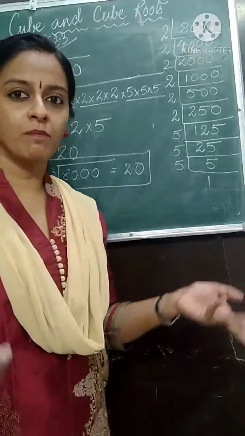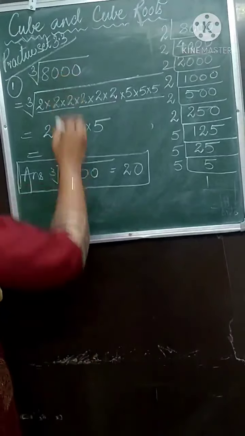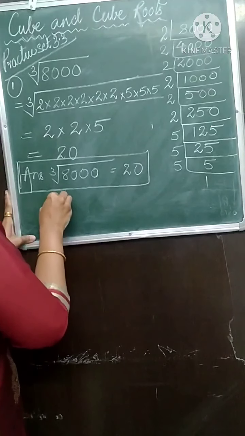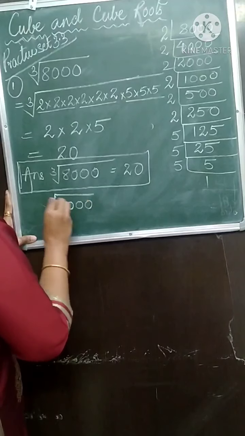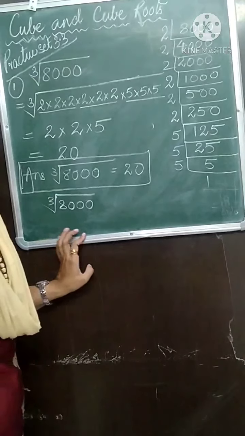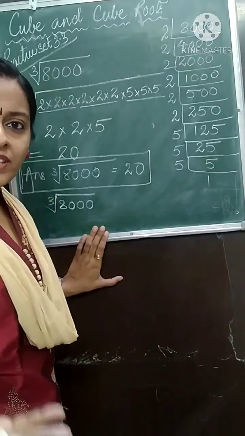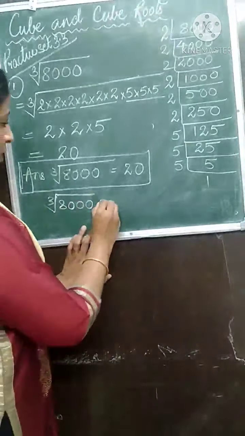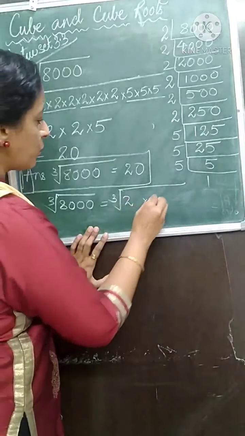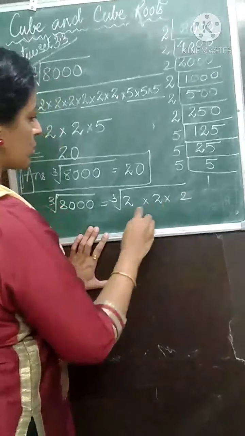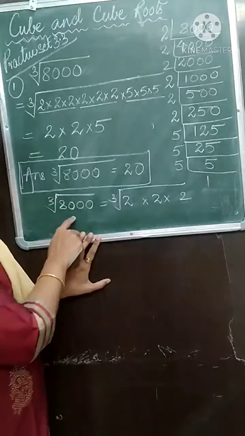Now, those who are very good in maths, you can do this in a much simpler way. Another method I will show you. 8000, if you write, cube root of 8000. Now, you are very good in maths. You know that 2 into 2 into 2 is 8. Correct? So if I want, I can write 2 into 2 into 2. 2 twos are 4, 4 twos are 8. How many zeros are there here? 3 zeros.